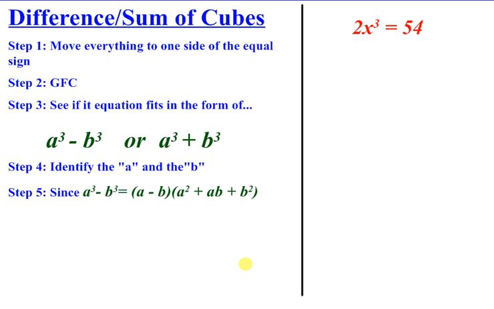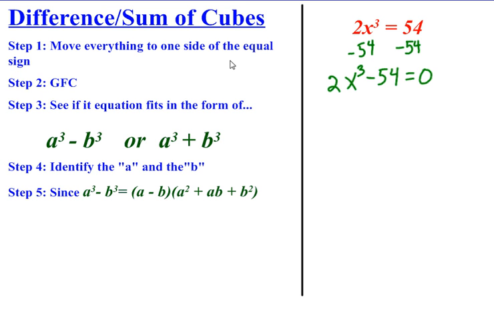So now let's talk about the sum and difference of cubes. So this one is going to be a difference of cubes. So move everything to one side of the equal sign. So subtract 54 on both sides. So we get 2x cubed minus 54 equals 0.